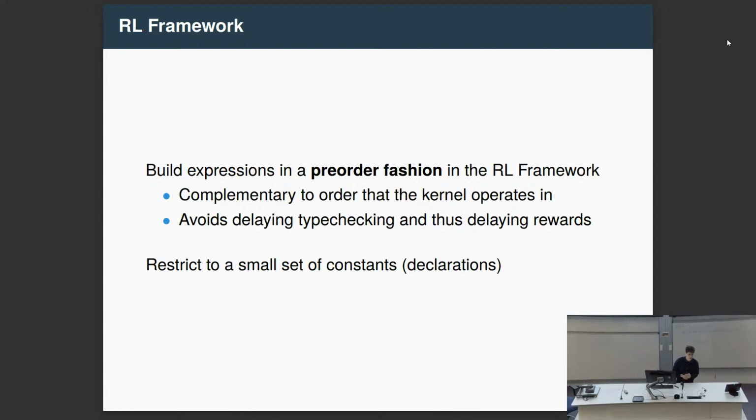Type theorists might call this structural: it traverses the expression structurally, checking the sub-expressions before returning back to a node and checking that the rules for that node are satisfied. And this really avoids delaying type checking, which is linked with giving rewards in our environment, and in reinforcement learning you generally want to avoid delaying rewards.